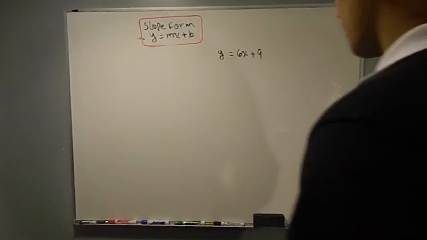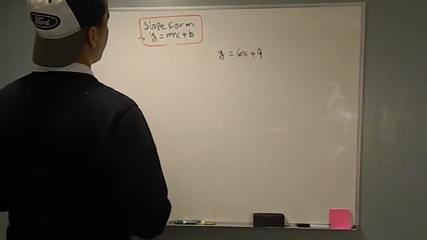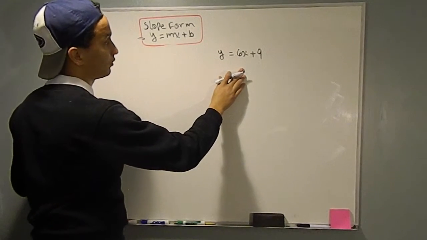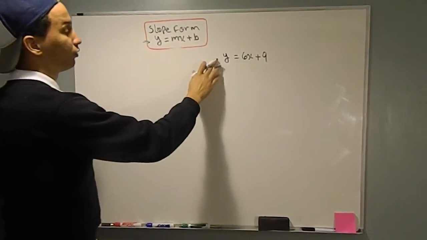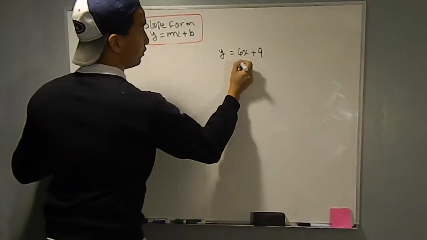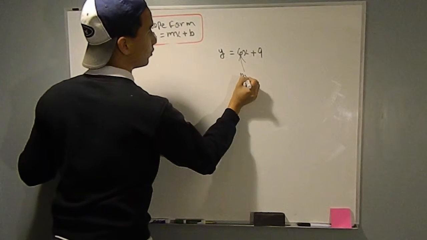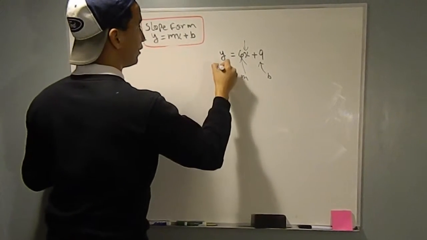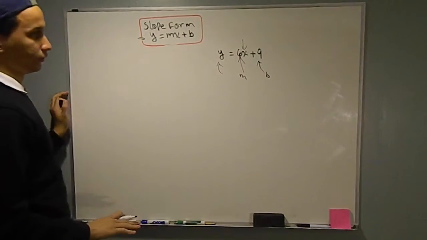All right, now we have a similar linear equation, but in this case, we already are in the slope form, right? We can see that this is m, we have our x right here, and then we have our b, and our y is already solved, right?